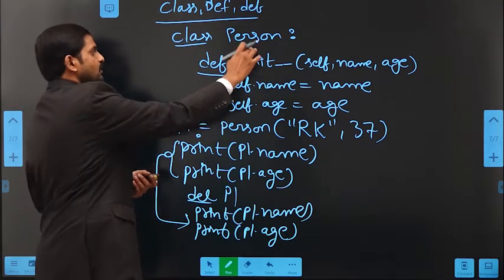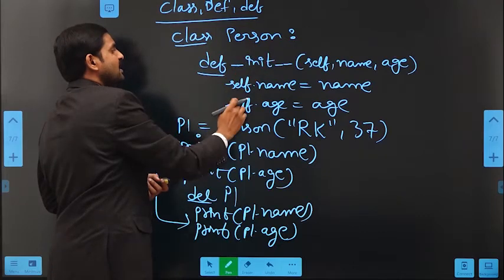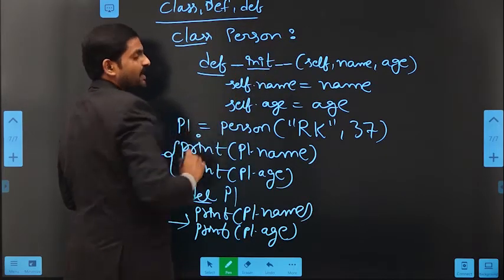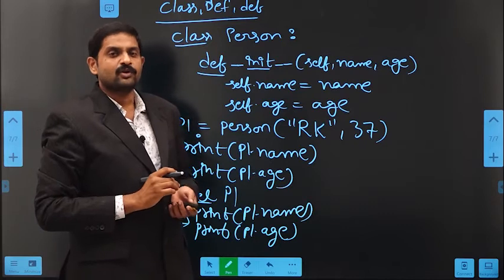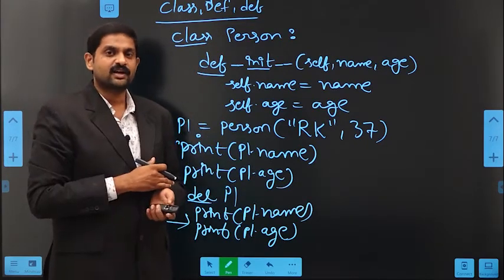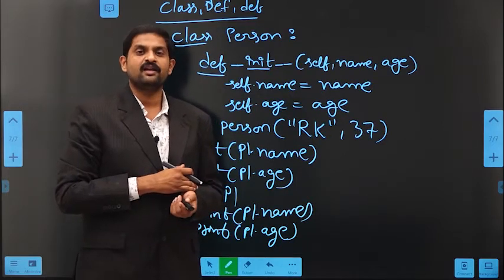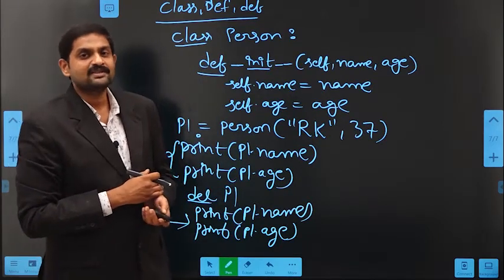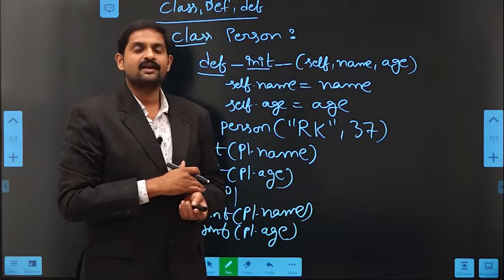Okay. So Person is the class, it holds one constructor. In Java, you can easily identify the constructor. How do you identify the constructor? The function whose name is the same as the class name is called a constructor.